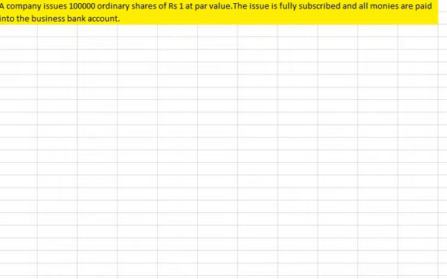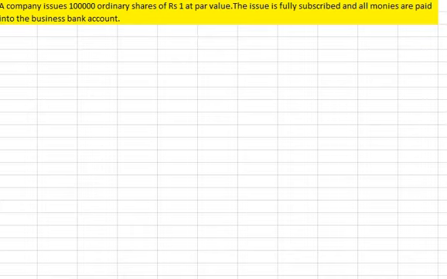So 1 lakh into 1, we will get 1 lakh rupees as capital, issued at par value. The issue is fully subscribed and all monies are paid into the business bank account. That means all shares are subscribed by shareholders and all monies are paid into the bank account.